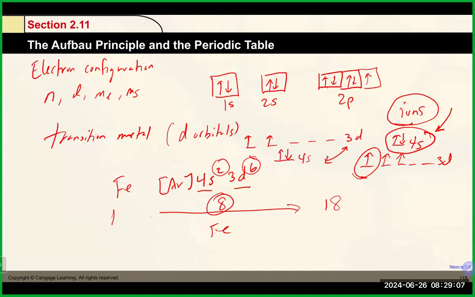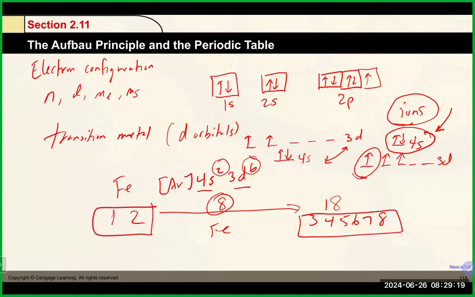For our representative elements on the outside, 1, 2, we skip the middle, and go 3, 4, 5, 6, 7, and 8. The group number for these, the representative elements outside the transition metal region, will also be the same as the number of valence electrons. So sodium has 1 valence electron.